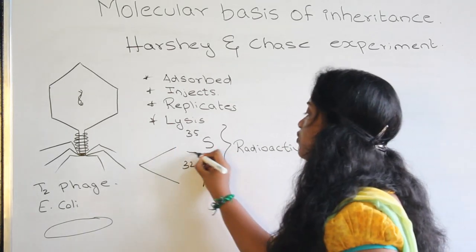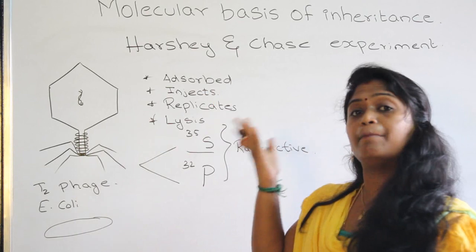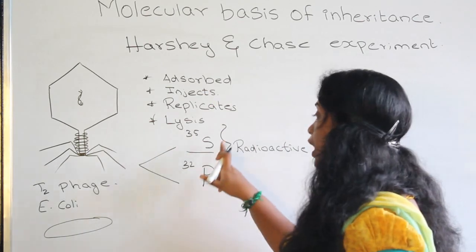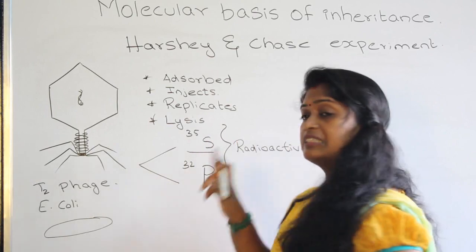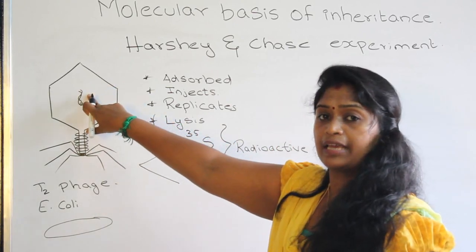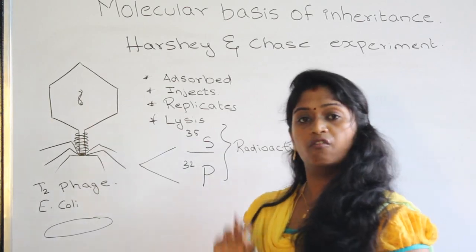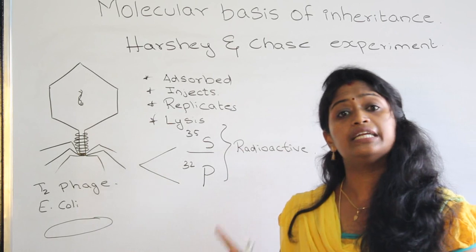Why they used sulfur 35 is that they thought protein may be the genetic material. If protein is the genetic material, then sulfur gets incorporated into the protein capsid. This is because sulfur is mainly present in protein but not in DNA.